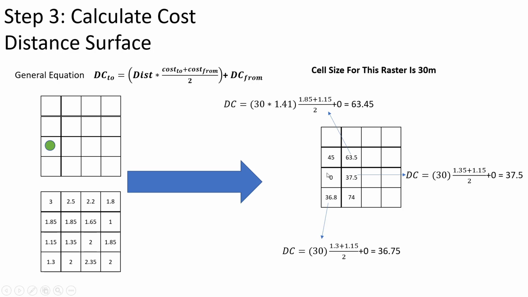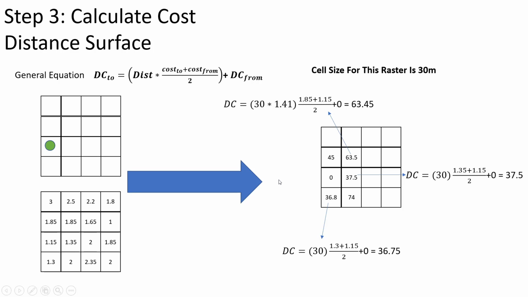So by definition, the start point has a cost distance of 0, because we're not traveling anywhere. So what I've done is I've started at the beginning here at our start point, and I've calculated outward the cost distance of all of the neighboring cells.